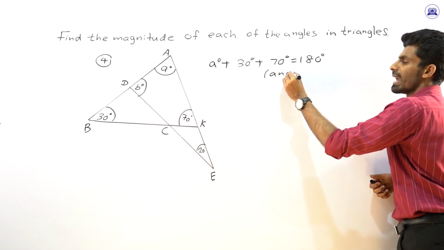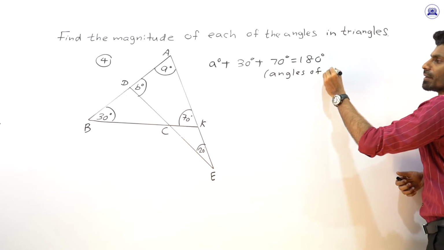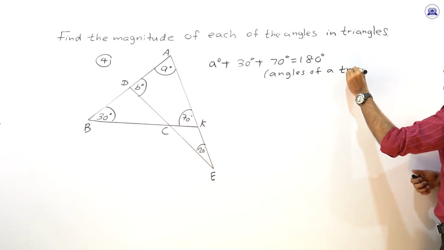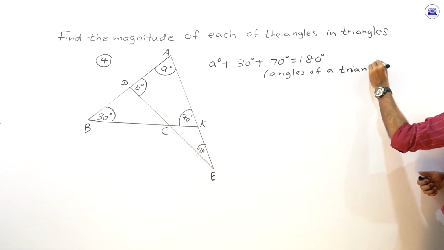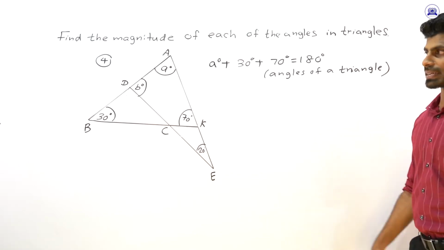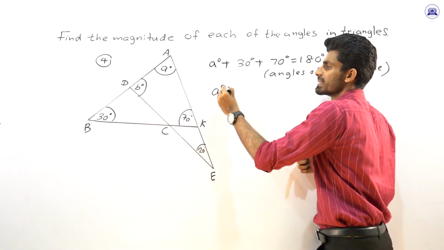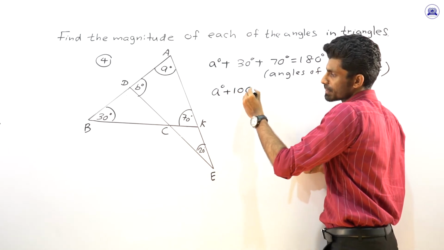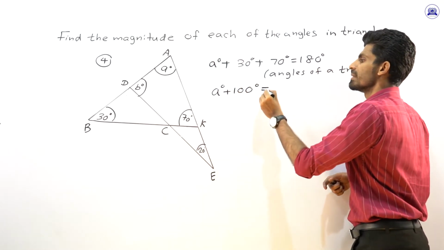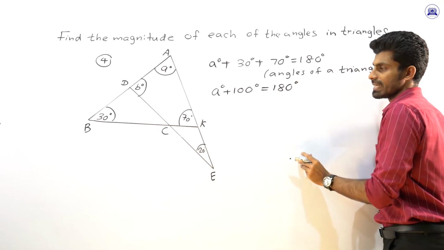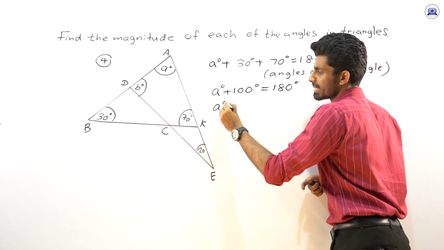That means angles of a triangle. 30 plus 70 equals 100. So A plus 100 equals 180.